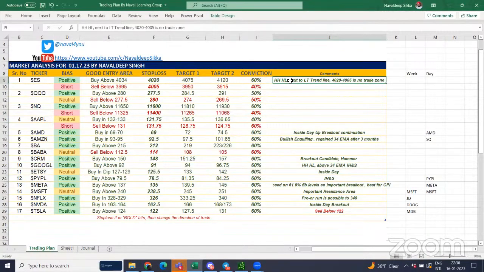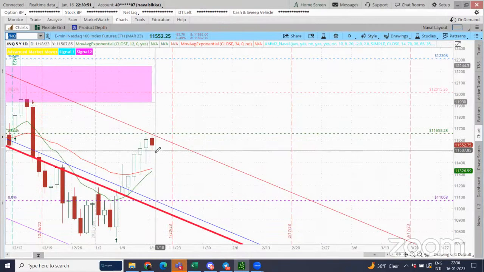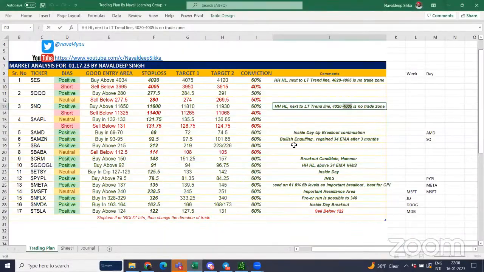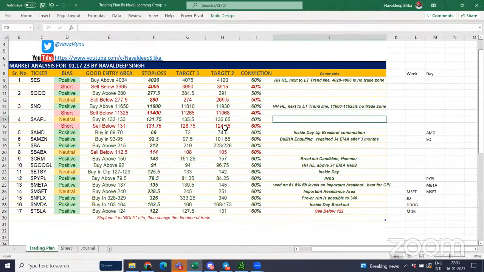Same thing, higher high next to the long-term trend line, and I need to find a zone for no trade, which will be in between 11,520 and 11,600. So no trade zone between 11,600 to 11,525. I want to sell this below 525.